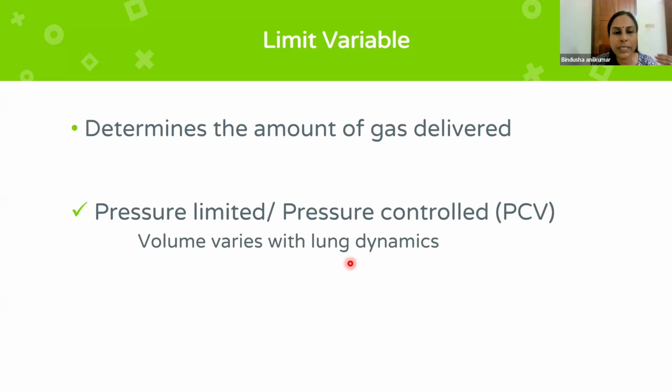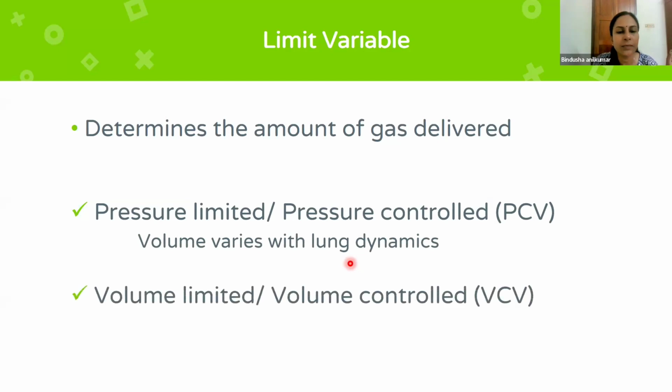As Mridul explained yesterday, when the compliance of the lung is better, the patient will be delivered a higher tidal volume, but when the compliance decreases, a lower tidal volume will be delivered. So that is pressure controlled ventilation. Or it could be volume limited or volume controlled ventilation, where the ventilator will deliver a set tidal volume, but the pressure generated will vary depending upon the lung dynamics.